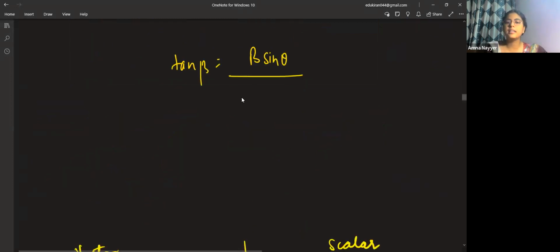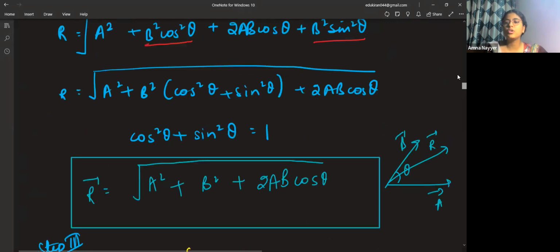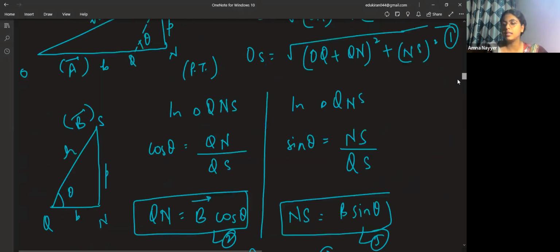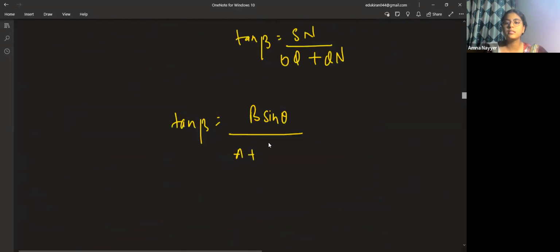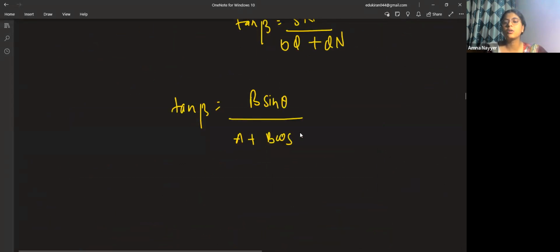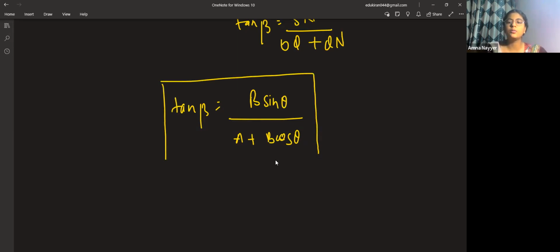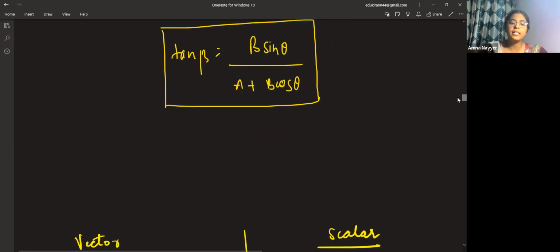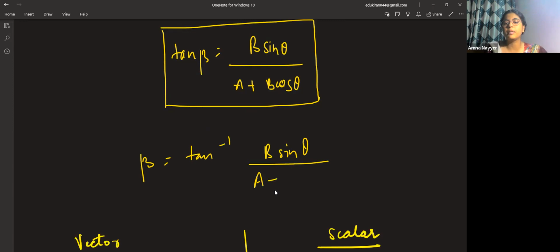And lastly, we have QN, which we had also calculated. QN was B cos theta. So this is the formula: tan beta is equal to B sine theta divided by A plus B cos theta. If you have to write the exact angle, you have to write tan inverse of B sine theta divided by A plus B cos theta.